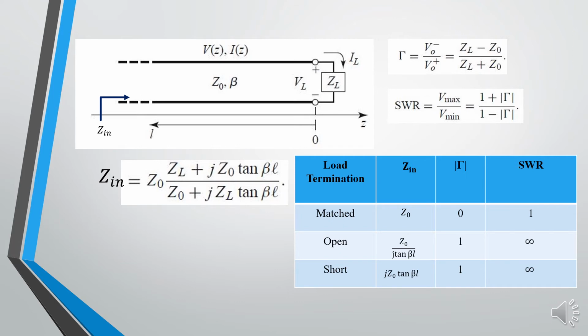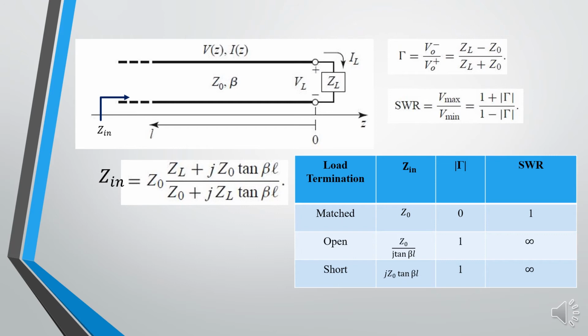That means there is a complete reflection of the forward moving wave from the load end, and that makes the SWR, or standing wave ratio, infinite, because the magnitude of rho becomes 1 and the denominator of the SWR expression becomes 0. Similarly, in the short terminated case, ZL equals 0, right?